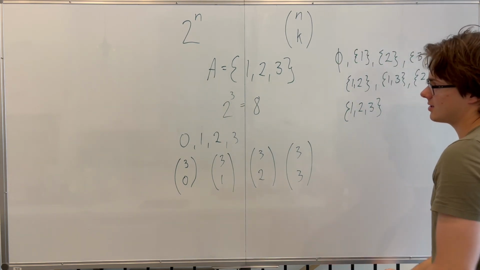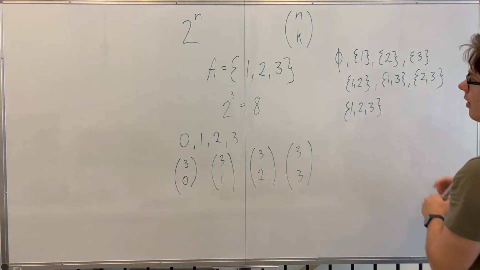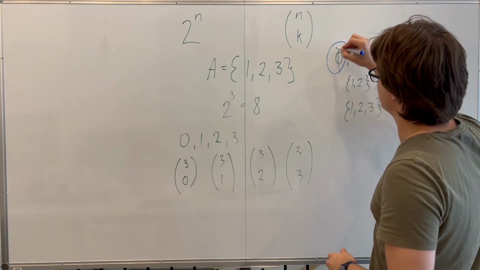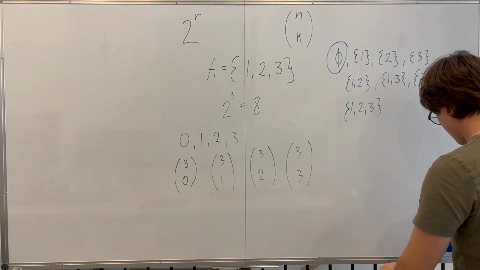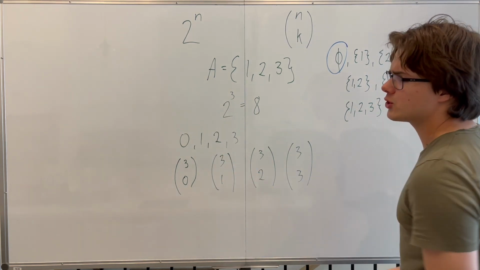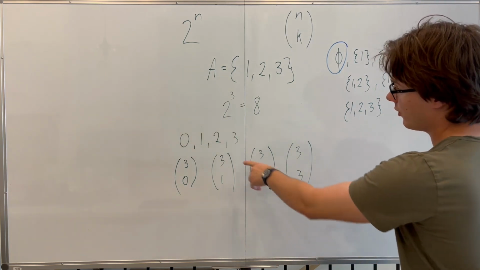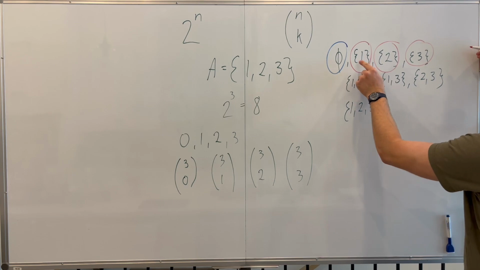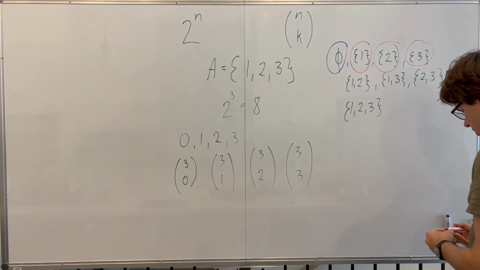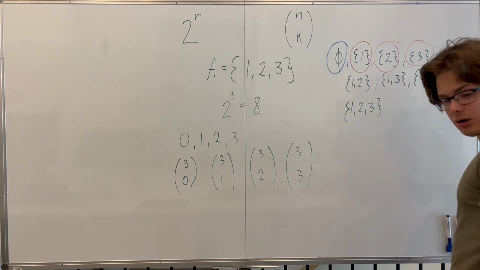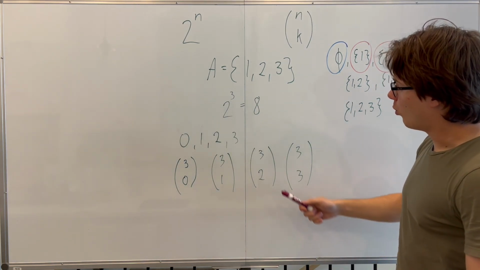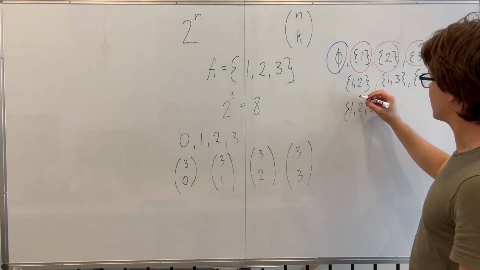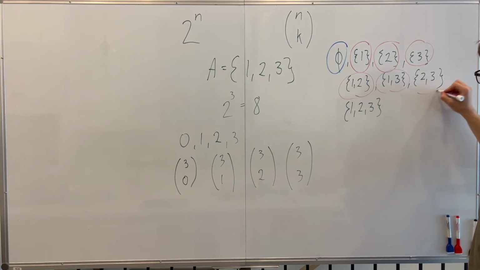So how does this translate? If we look at all of the possible sets, out of the 3, we can choose none of them. That's what this option over here is. Next, what if we just choose 1 of the elements? 3 choose 1 is going to be all of these sets, when you just choose 1 of the elements here. Let me get a different color. What if we want to choose 2? We want to pick 2 elements out of A. That's going to be these over here in purple.